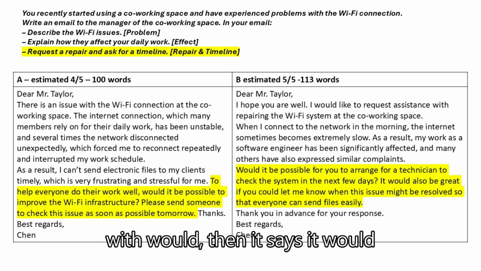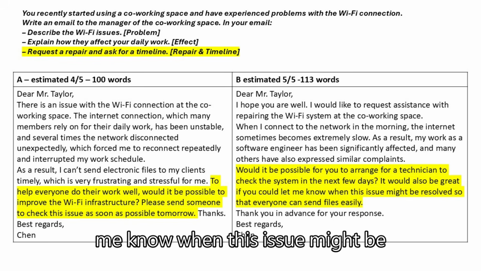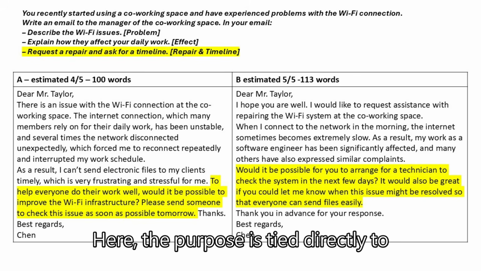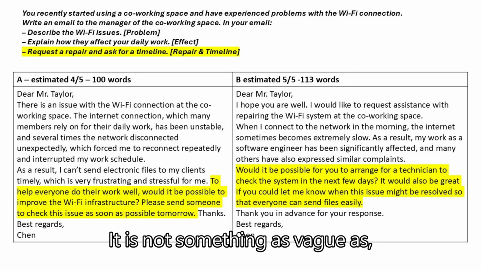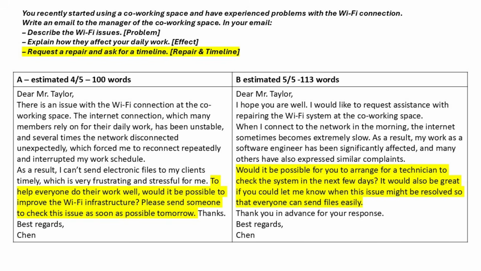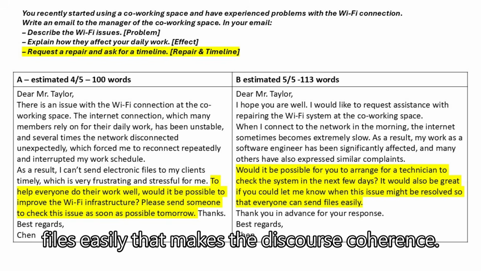Then it says, it would also be great if you could let me know when this issue might be resolved so that everyone can send files easily. Here, the purpose is tied directly to the internet problem. It is not something as vague as for everyone to do their job well. Right? It is so that everyone can send files easily.